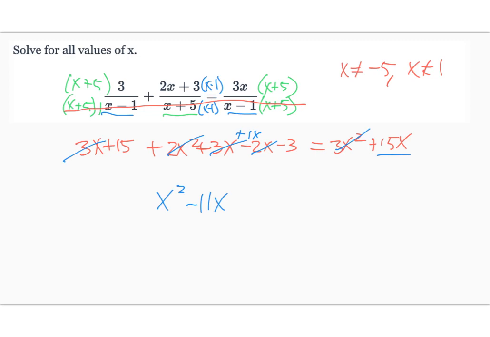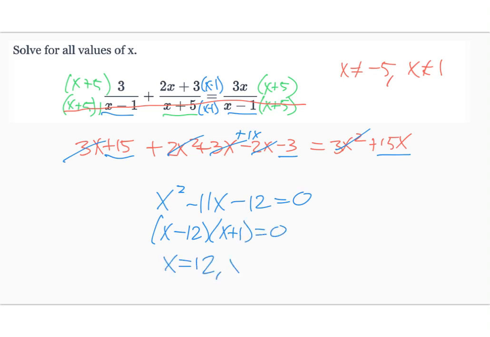And then we have 15 minus 3 is 12. That gives us x minus 12 and x plus 1 equals 0. X equals 12 and x equals -1. Neither of which are excluded values, so we are okay.